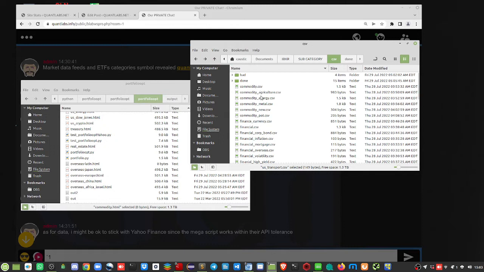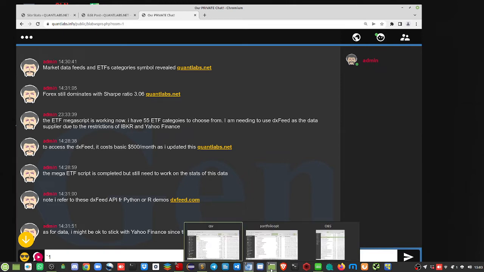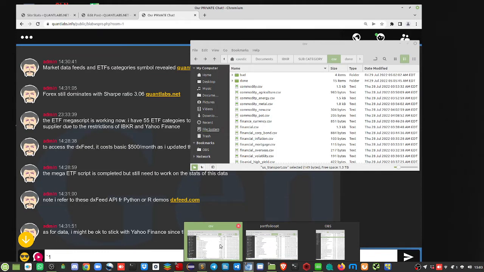So in essence, Yahoo Finance, as I said in my chat server, is the best one. As for data, it might be okay to stick with Yahoo Finance since the Megascript works within the API tolerance. So that's what I'm seeing for now, and we'll go from there.